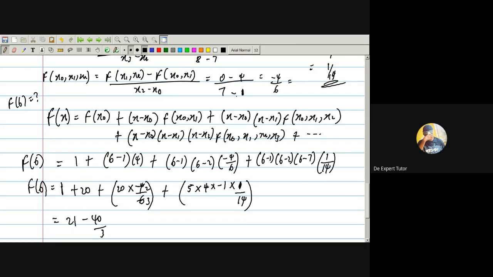And this one, 2 here gives 7, so minus 10 over 7. Let's use the calculator.